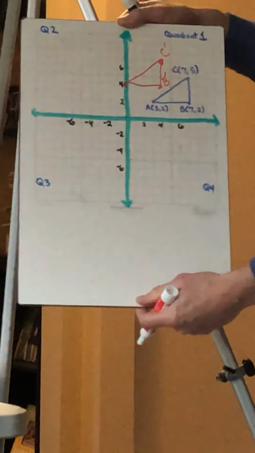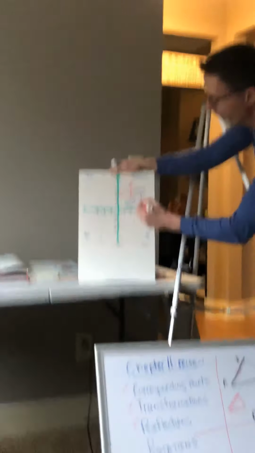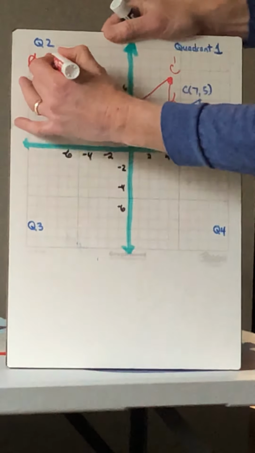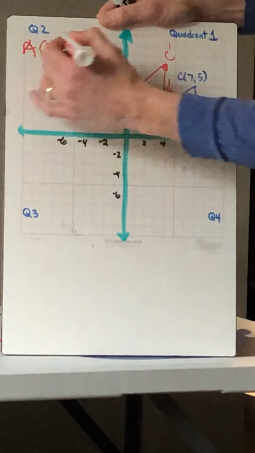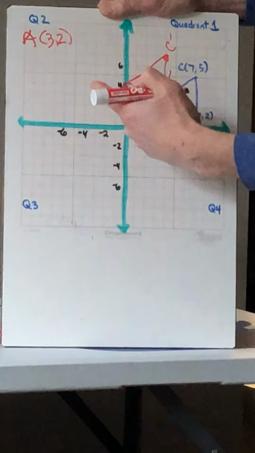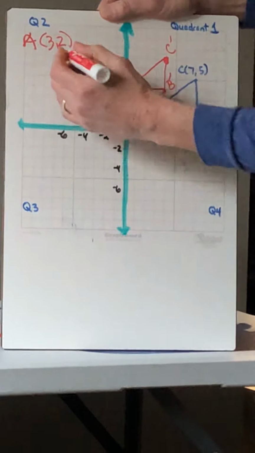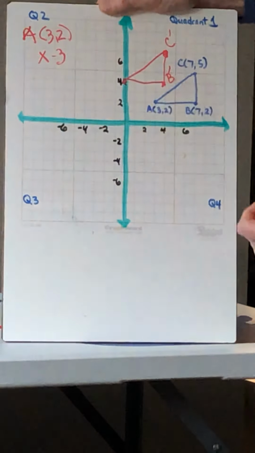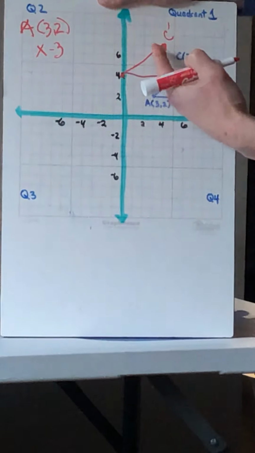Now, how do you show that mathematically? We took this A, which is 3, 2, and we moved it up 2 and 3 to the left. Well, 3 to the left is an X movement, that's minus 3. We went up 2.